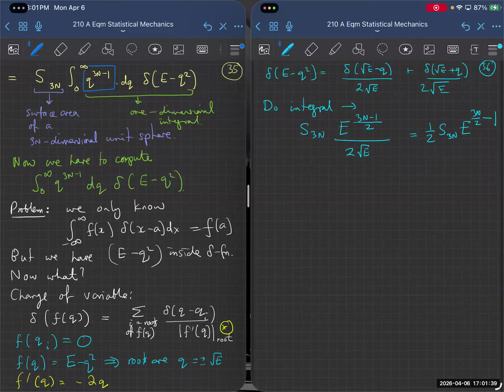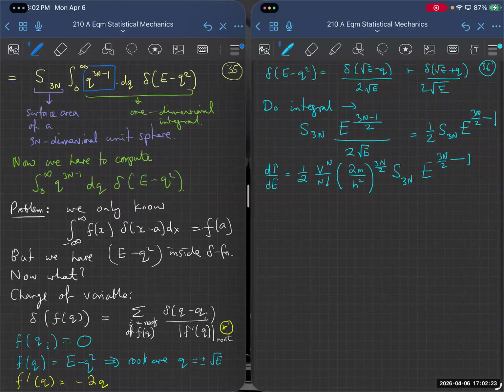Okay, so now if I put that all together, what I get is d gamma by dE is equal to 1/2 v to the n over n factorial, 2m over h squared to the 3n over 2, surface area of the 3n-dimensional sphere, and then e to the 3n over 2 minus 1. So that's our formula then for d gamma by dE.